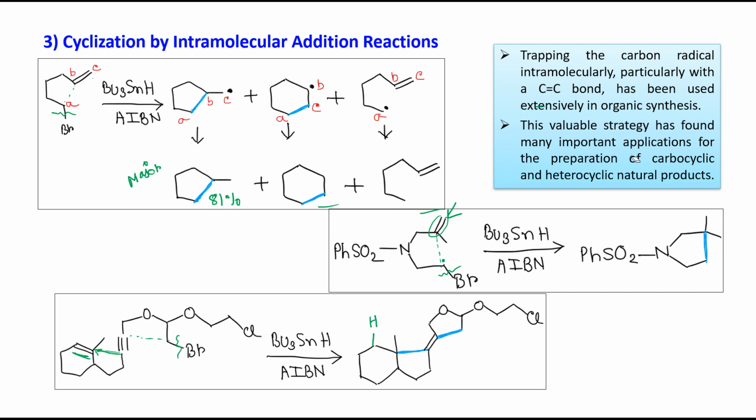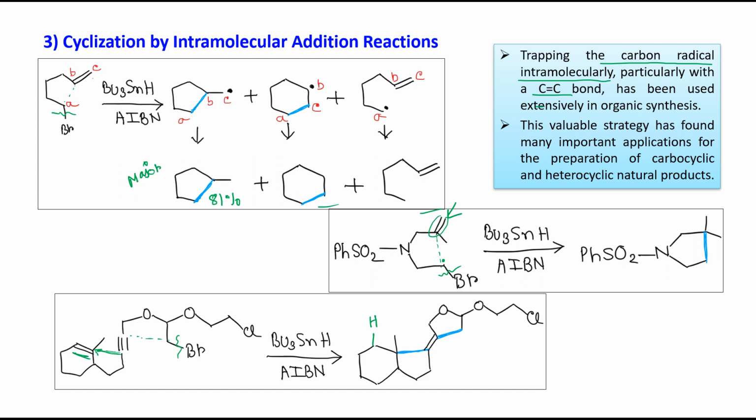Here, all the reactions that you have seen, if you consider the summary, are basically a trapping of carbon radical intramolecularly, particularly with a C=C double bond. That is the most common compared to a triple bond. This type of intramolecular trapping of carbon radical is very common in organic synthesis.